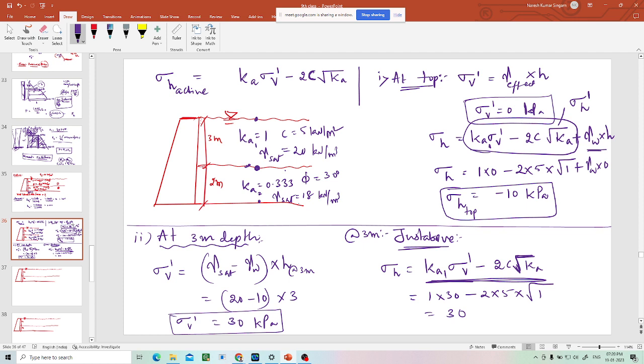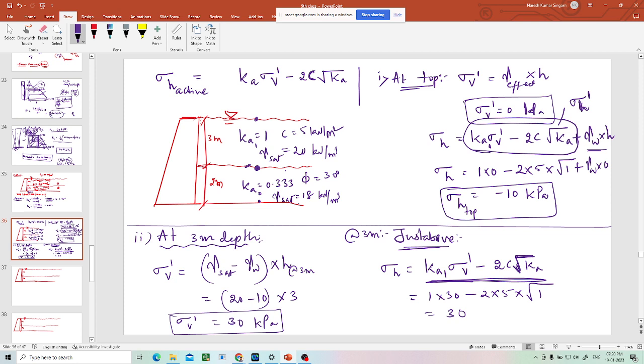That is fine because you are using effective vertical stresses, so you get effective horizontal earth pressure. But here water is also there. Water will also give some pressure, whereas vertically water will not give any pressure on the soil particle. Instead, the soil particles' weight will decrease. That's why you take gamma submerged of the soil.